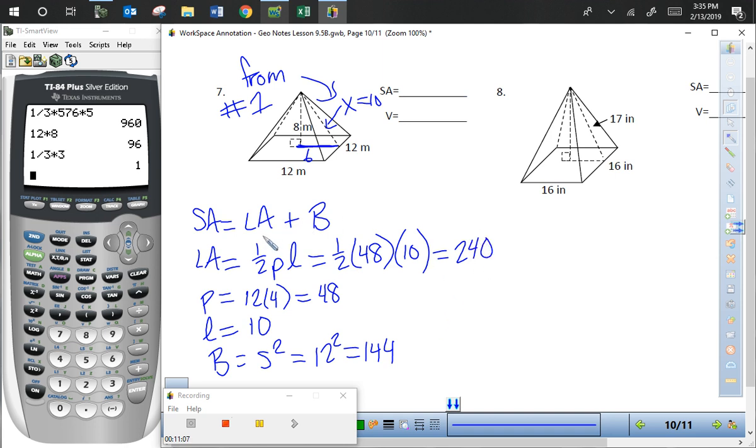Then we'll plug that 240 up above here, plus 1 base, so plus 144. So 240 plus 144, we get 384, and then meters squared.